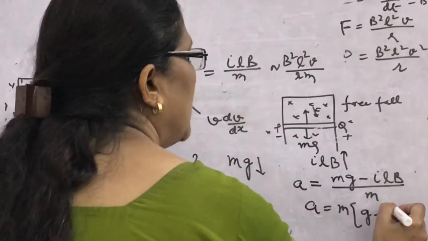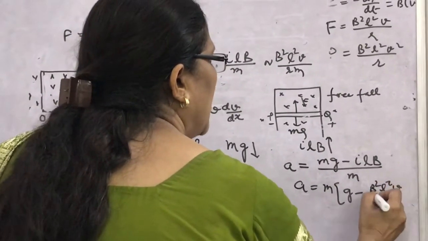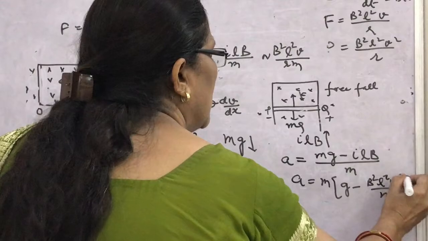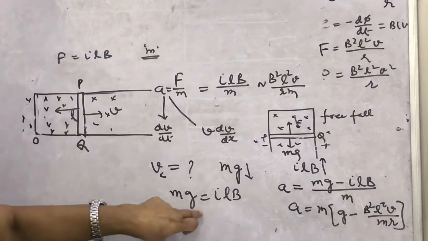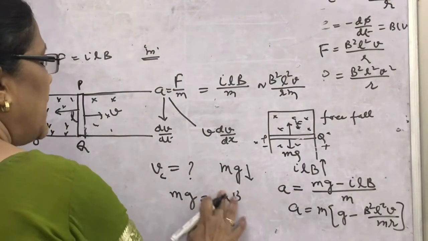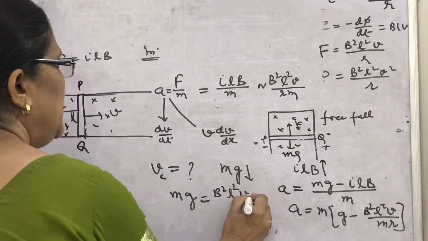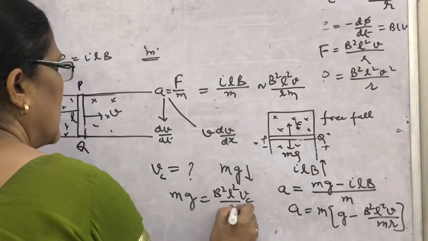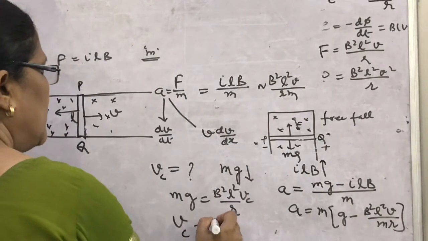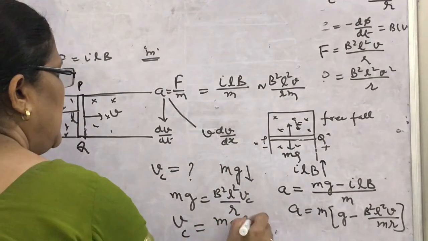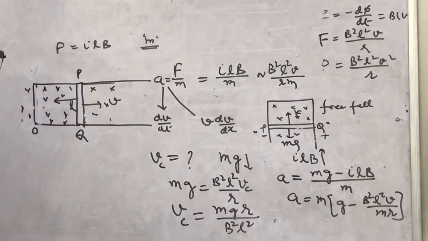In place of ILB, this force, you can write B square L square V upon mR. Both expressions will become the same, and in place of ILB directly you put B square L square Vc upon R. So what will be Vc? That constant velocity with which the rod will fall will be mgR, where R is the resistance of the rod, upon B square L square.